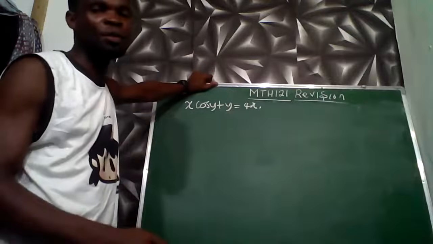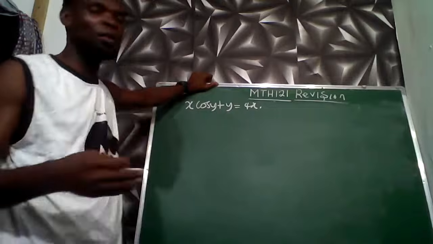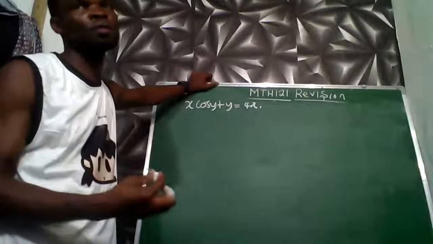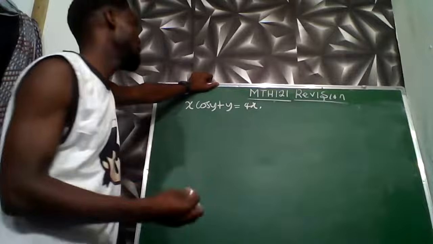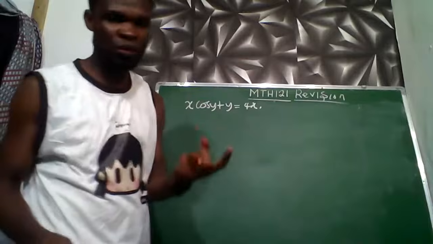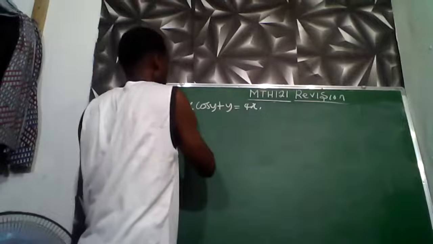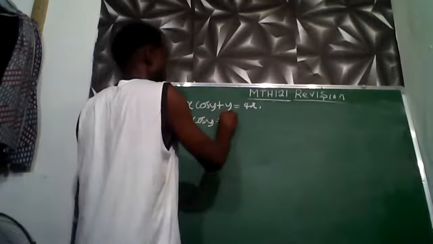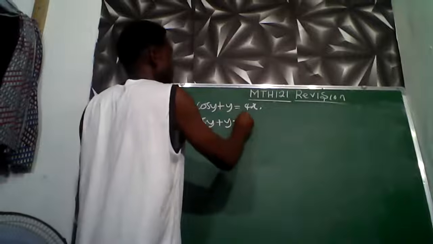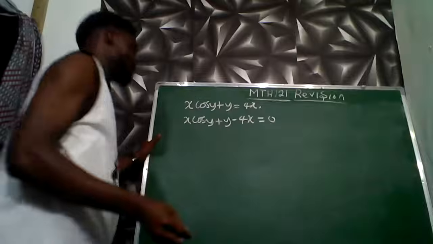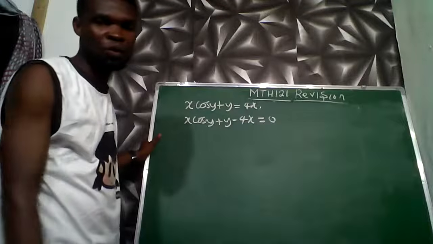Now the question is, how do we differentiate an implicit function using the shortcut? Step one, you take everything to the left hand side and equate it to 0. So that means this is going to be x cos y plus y, and 4x will move to the left and become minus 4x, equals 0.